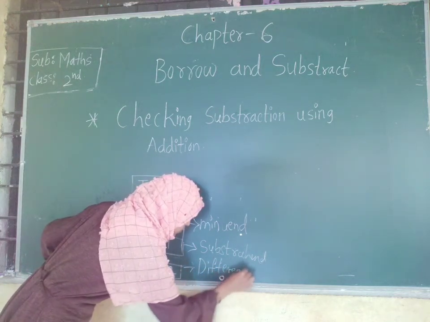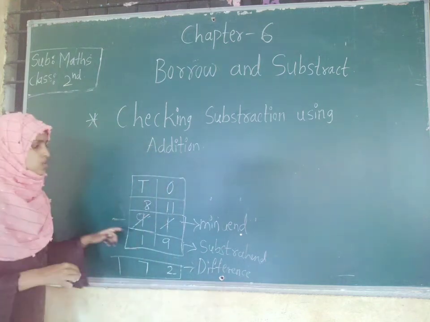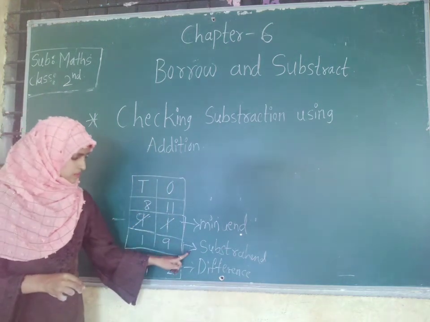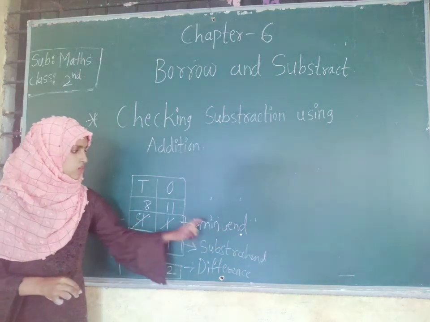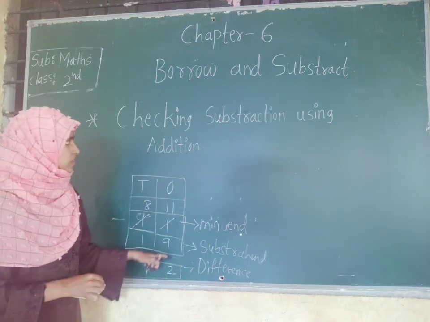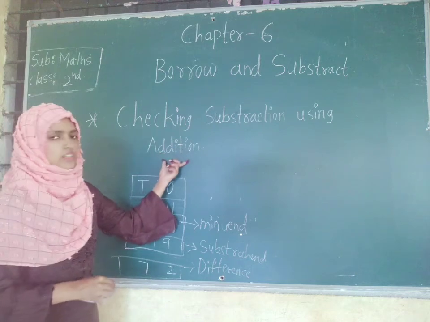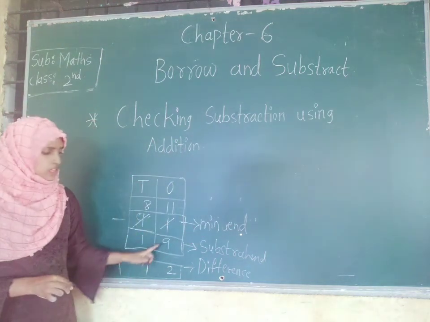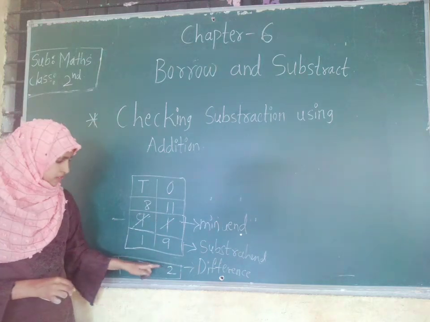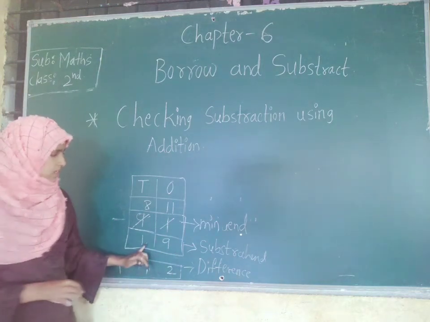Okay. So how we will verify this answer? So if we add subtrahend with this difference, we will get minuend. So we can easily verify the result using addition, checking subtraction using addition. If we add subtrahend and difference, so which is the subtrahend here? 19.